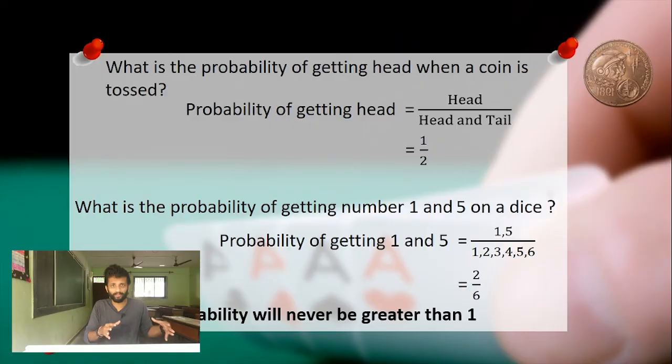It can never be greater than 1, it can be less than 1, or it can be 0. So the entire probability will go from 0 to 1, and nothing more than that and nothing less than it. Probability can never be negative, nor can probability be greater than 1.